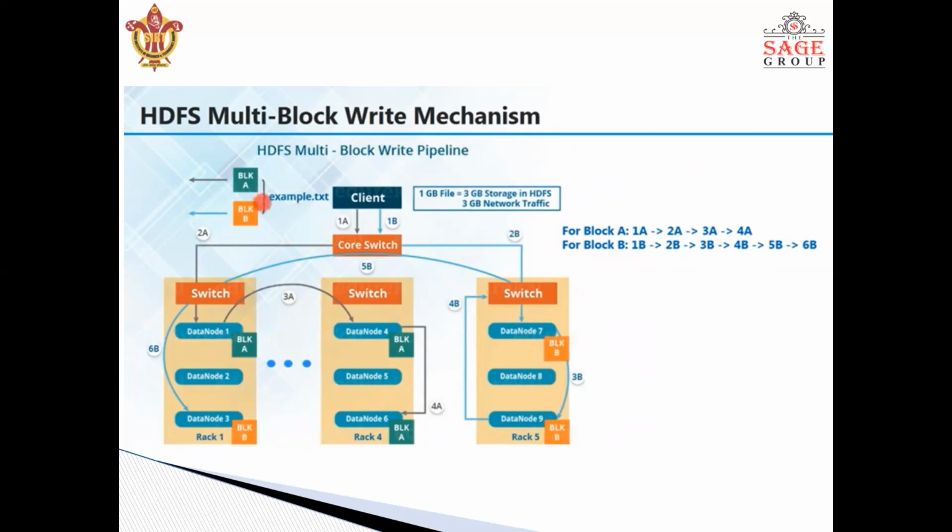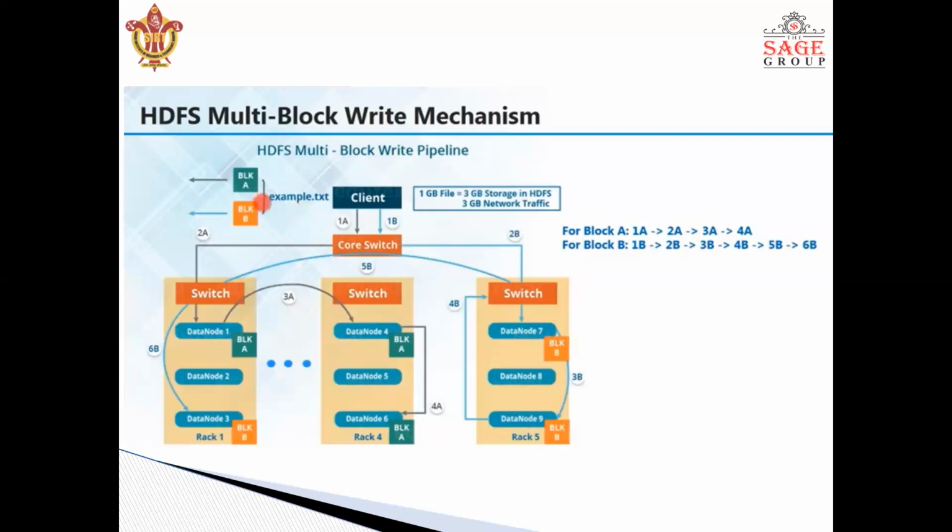Only when the client node requests to copy block B, it might get the IP addresses of different data nodes. For example, block B is copied to data node number 3, 7, and 9, and block number A was copied to 1, 4, and 6.